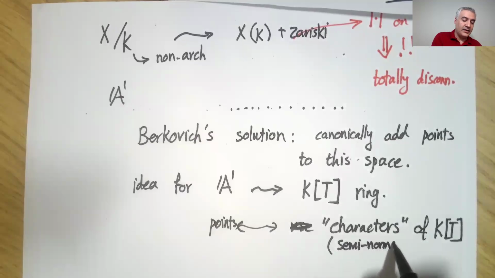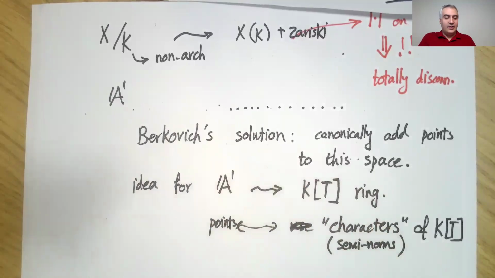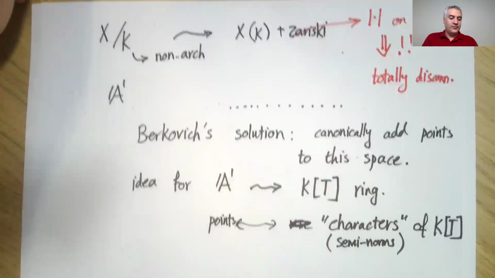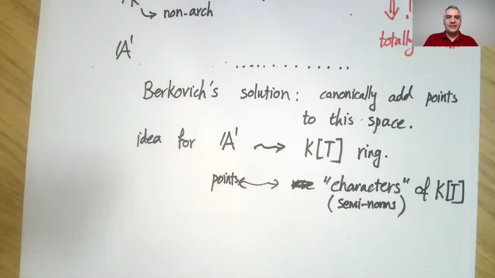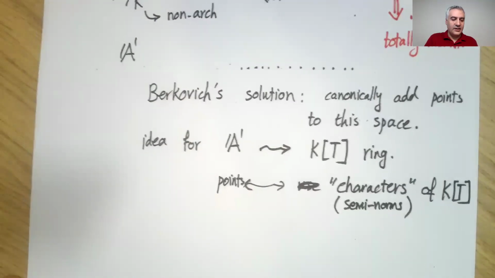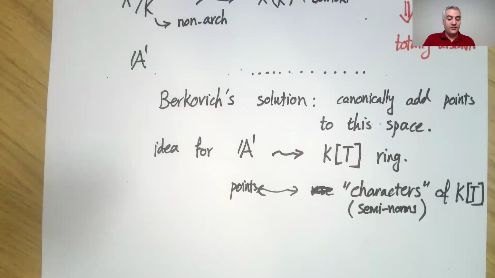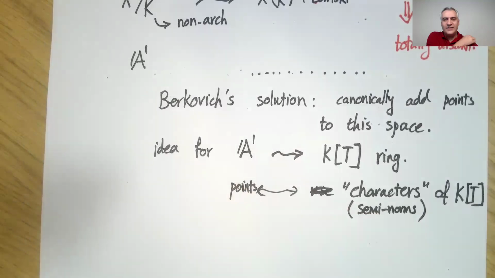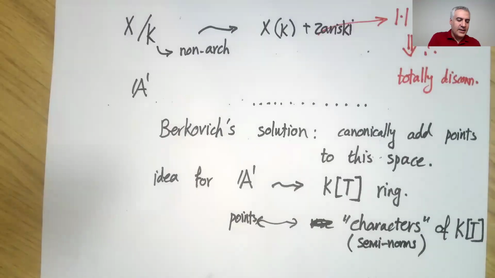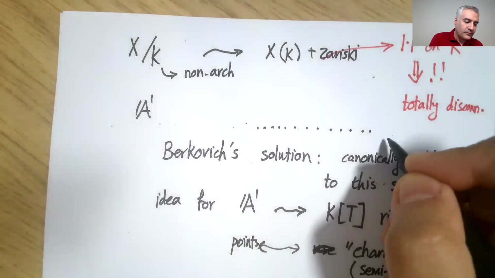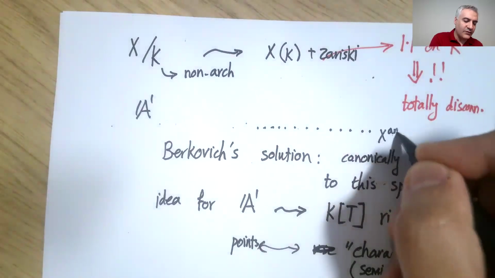In the Archimedean setting, these two will coincide, but more generally in the non-Archimedean setting, things are pathological, and the crucial observation of Berkovich was that semi-norms do the job. Multiplicative semi-norms that extend the absolute value on K. But I don't want to give too many details. But let me say pictorially, so this was your attempted X^an for A^1.